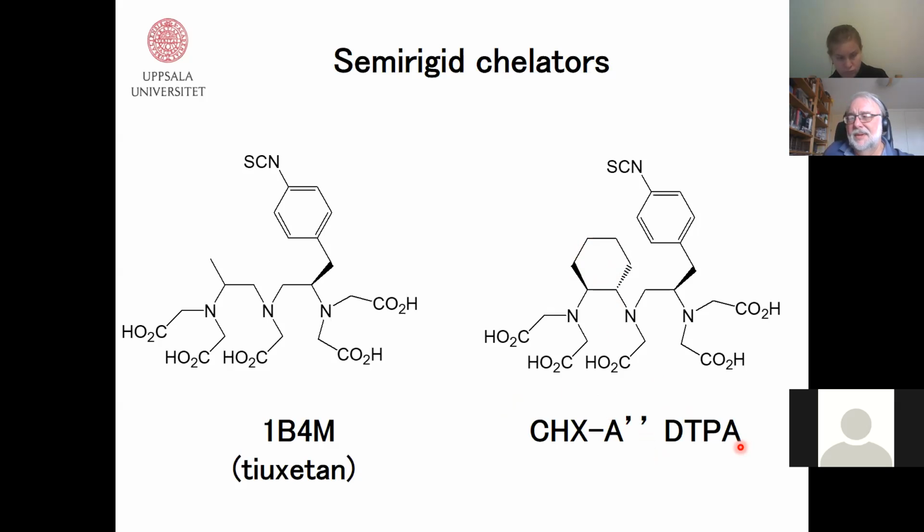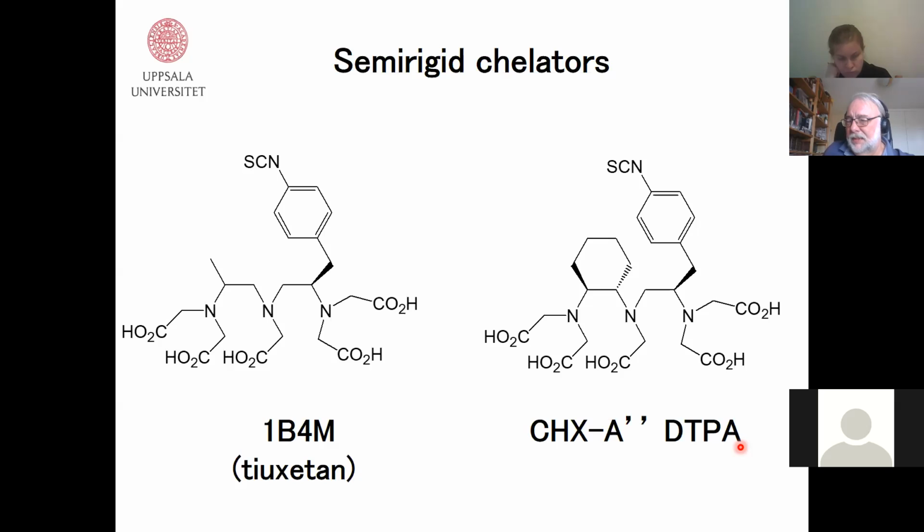So I think Martin Brechbiel got a co-author for 300 papers just by supplying this chelator to different researchers who were willing to make stable conjugation.